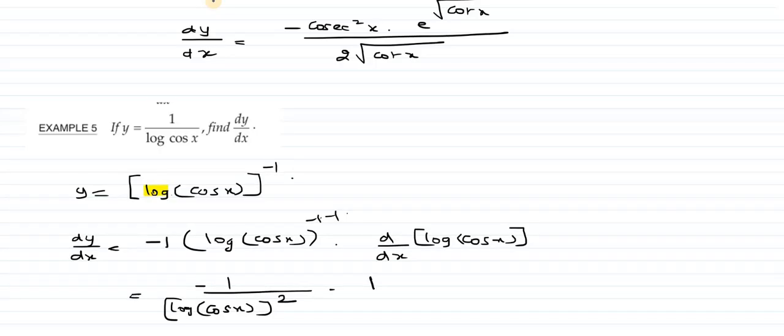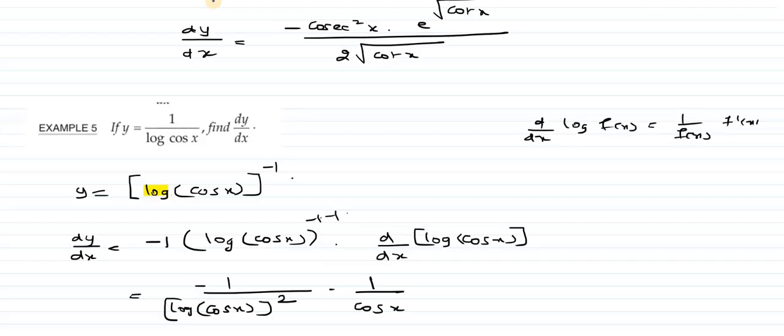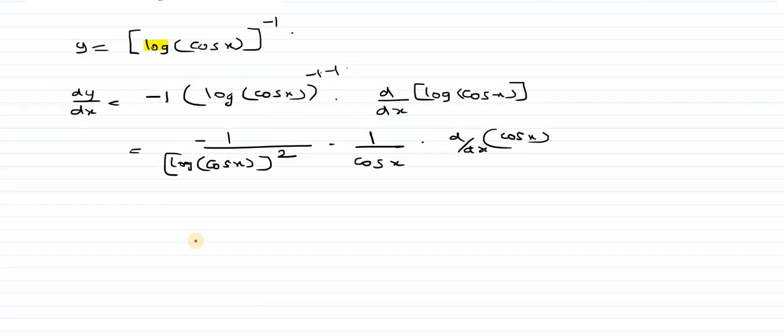Differentiation of log of cos x is what? 1 by cos x, because log x differentiation is 1 by x. Differentiation of log of f of x is 1 by f of x into f dash of x, correct? So 1 by cos x and then differentiation of cos x. So what will this be?